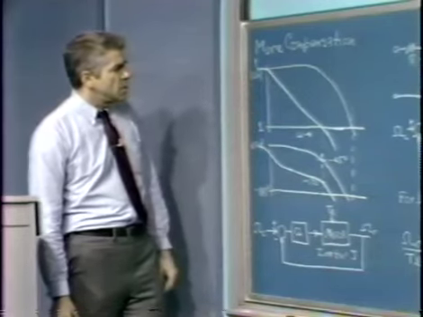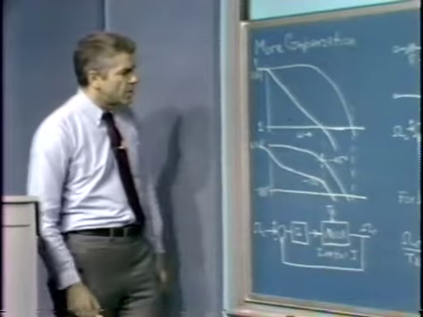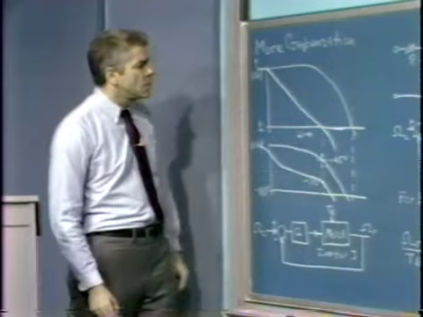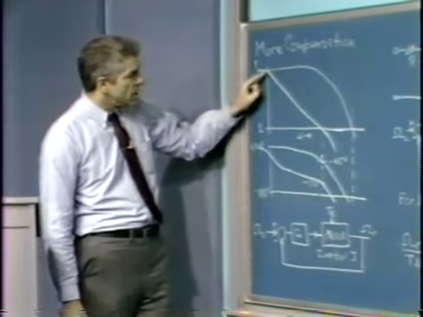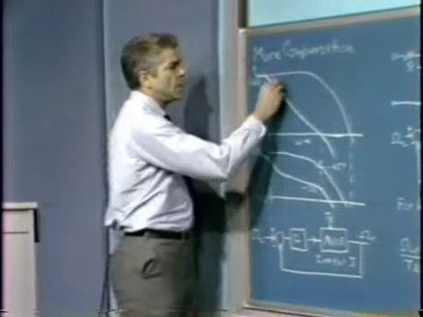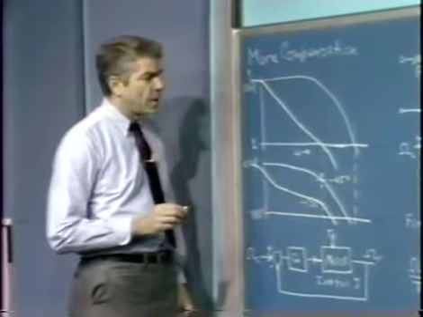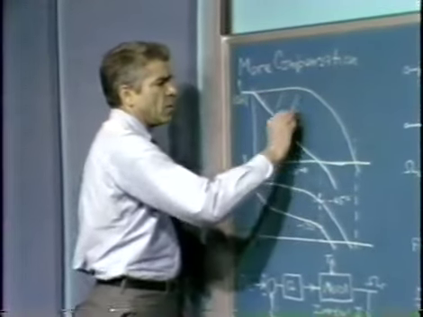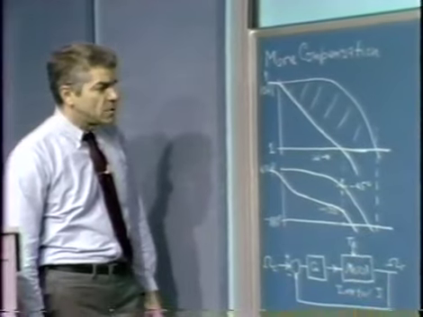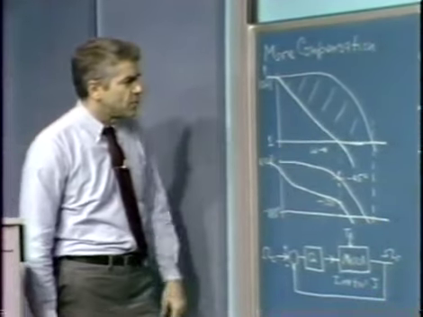We've also lost desensitivity over a very wide range of frequencies. We notice, of course, here's the original magnitude curve. We've lowered the AF product at all frequencies beyond this frequency. And so again, compared to the original uncompensated system, we've lost desensitivity, and the shaded area is a measure of the amount of desensitivity we've lost as a function of frequency.